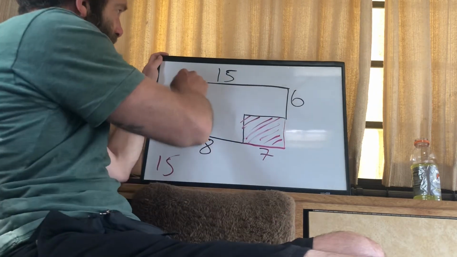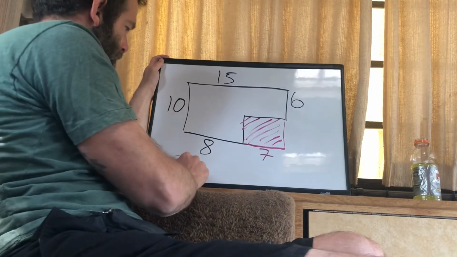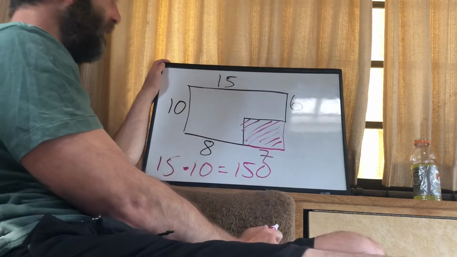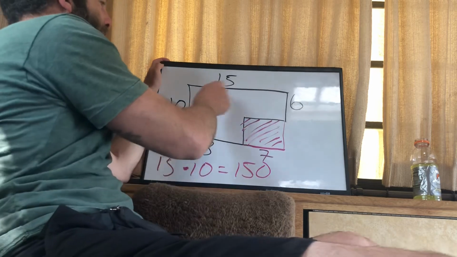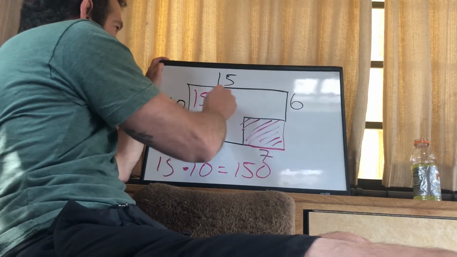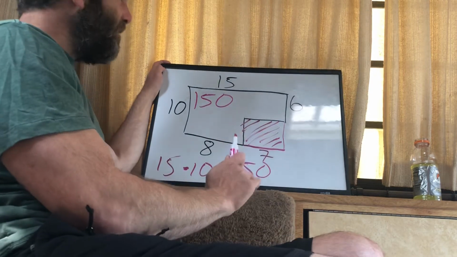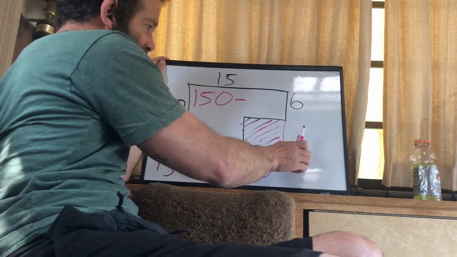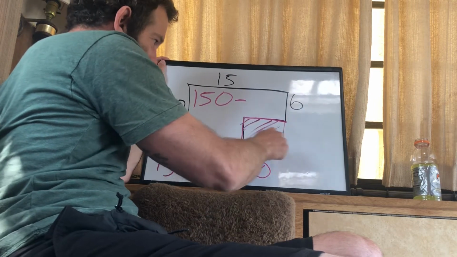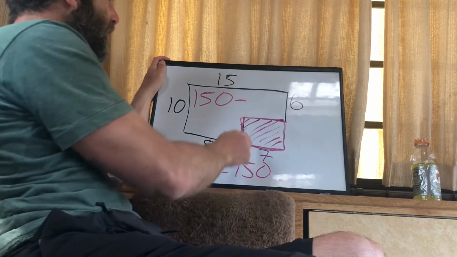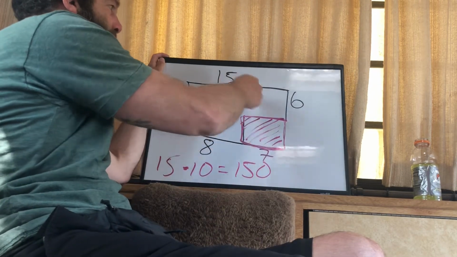And I'm going to say 15 times my height of 10, which is 150. So I'm going to write that in here. If I have this whole thing, it would be 150. But I don't have this whole thing. Meaning, if I minus this piece right here, if I got rid of this square, I would have the actual original shape.